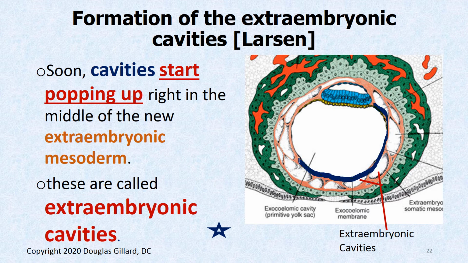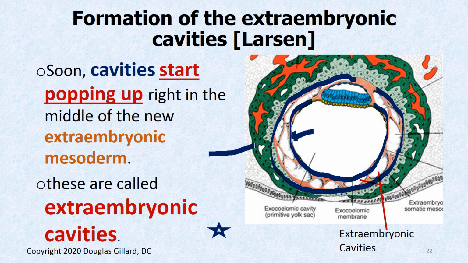So an inside piece, which the word splanchnic comes to mind, and an outside piece, and the word somatic comes to mind. Specifically somatic mesoderm, splanchnic mesoderm, more specifically extraembryonic somatic mesoderm, extraembryonic splanchnic mesoderm is right there.